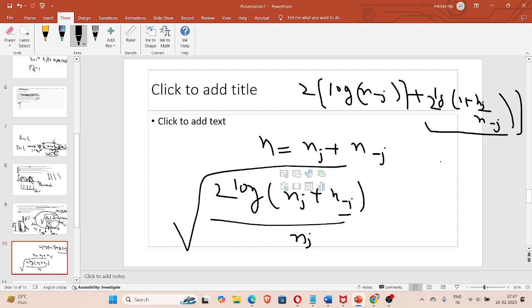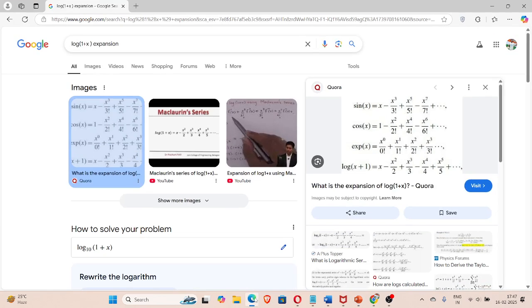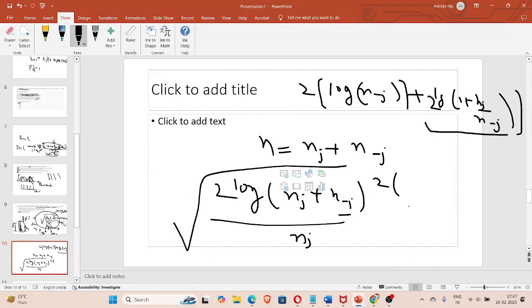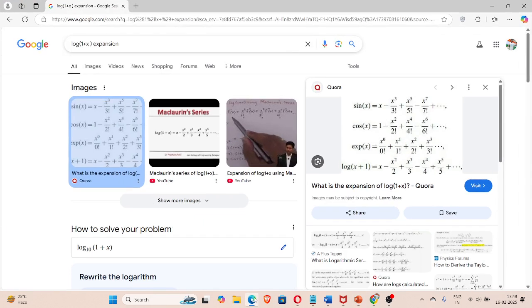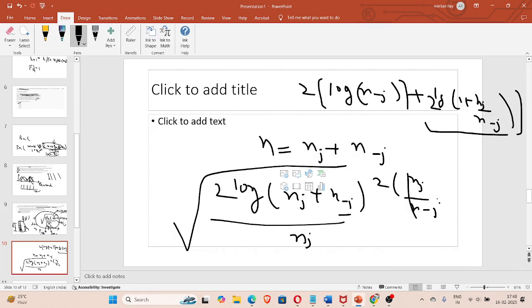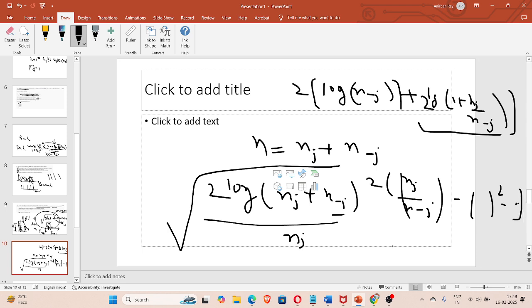So you can use the Maclaurin expansion here, and the expression becomes nj by n minus j, minus the square of that, and so on.